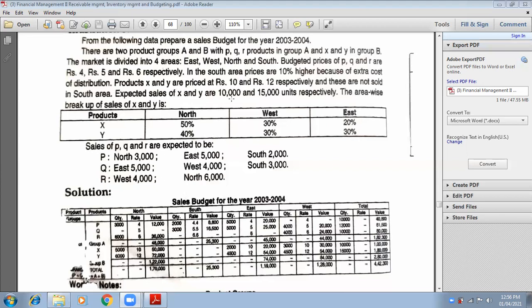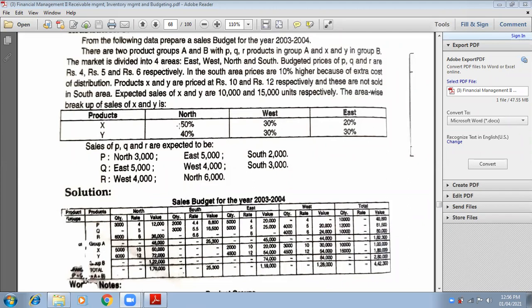Total products sold in the market are 10,000 units for X. Out of this 10,000, 50% is sold in north. So 10,000 into 50% is how much? 5,000.